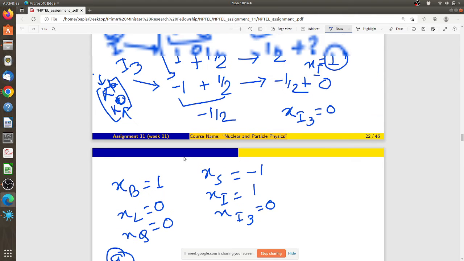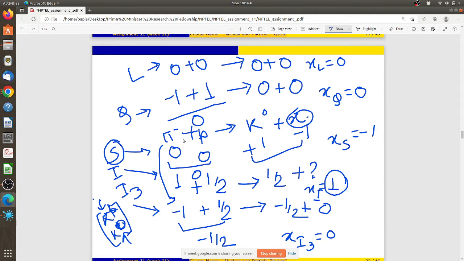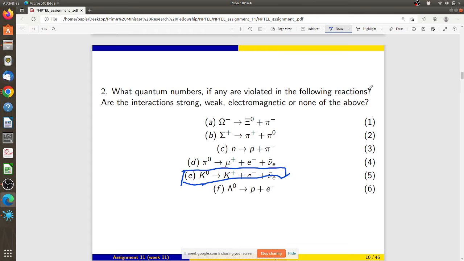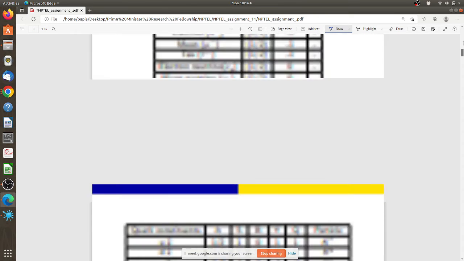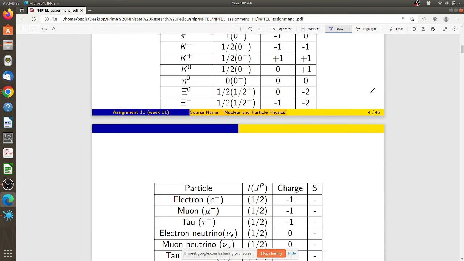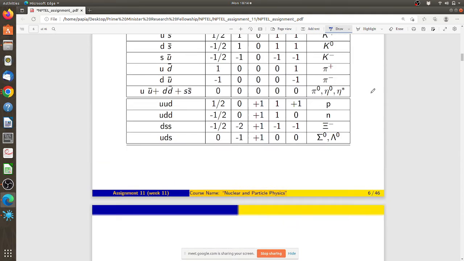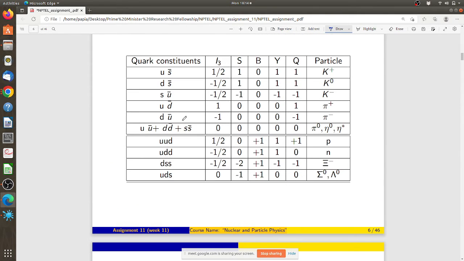The quark content of pi minus and P I know, but pi minus and K0 we have to search. You just remember these two. I already told you in the first class that you have to remember these things. Pi minus is d u bar, and K0 is d s bar.